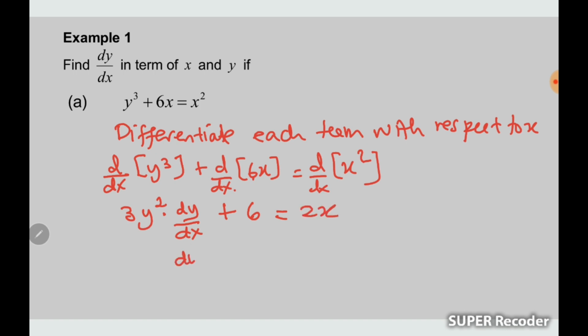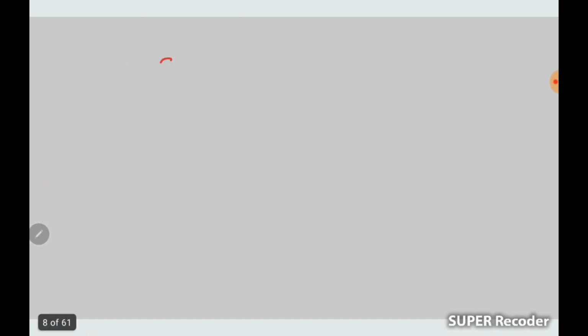Then you have to bring 6 to the right side. Okay, then what is dy/dx? dy/dx equals 2x minus 6. You have to divide by 3y squared. Okay, this is the final answer.